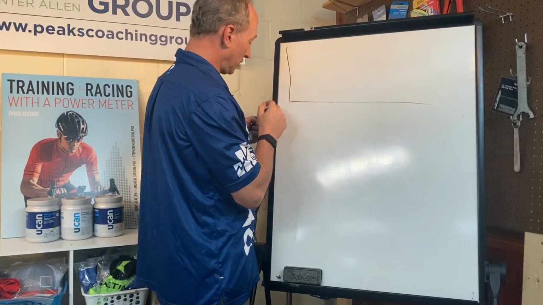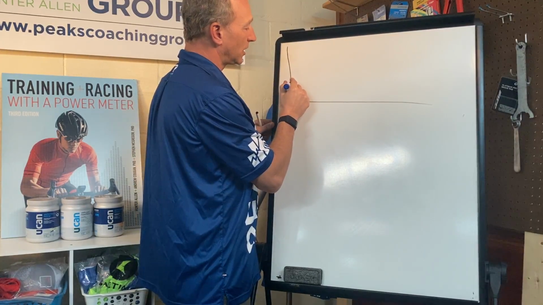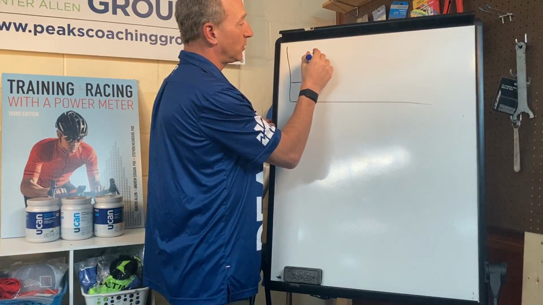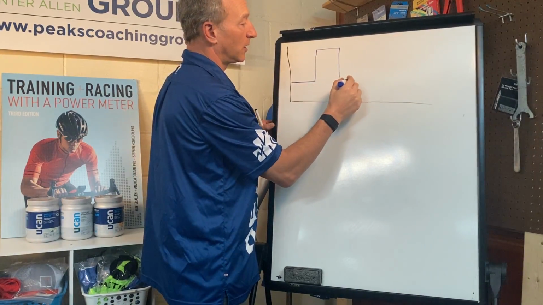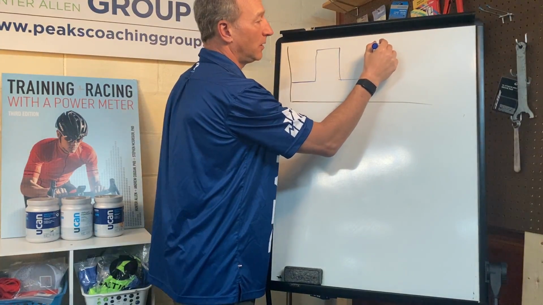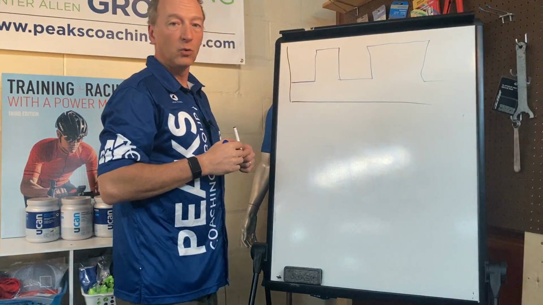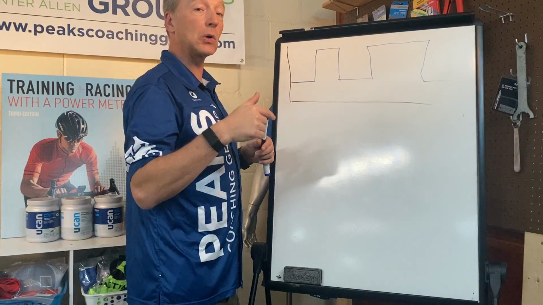So let's say, for example, you're rolling along and you're doing your interval right here, and then you crack out that 5-minute, you go as hard as you can in that 5-minute, and then you do your 20-minute. So here's our 20-minute, comes down, and then goes out to the end. We want our FRC in this 5-minute to be totally depleted.